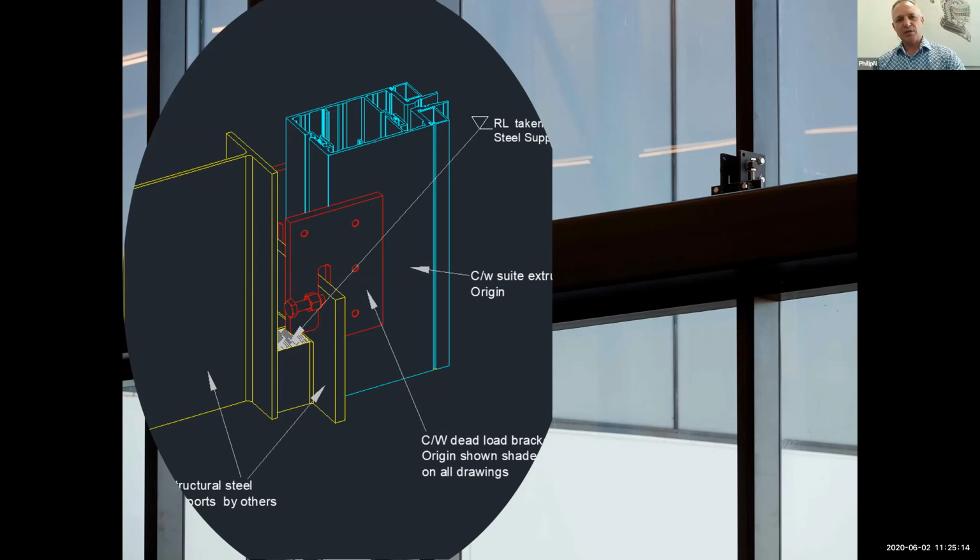This DWG snip that I took obviously shows a vertical structure, but it's really just demonstrating the relationship between the vertical mullion sections on a glazed facade system, the bracket itself, and then the connection onto the structure. Is that quite clear to everyone? Yeah. Cool. And in this particular case, we're looking at it from the inside as opposed to the outside, just for clarity.